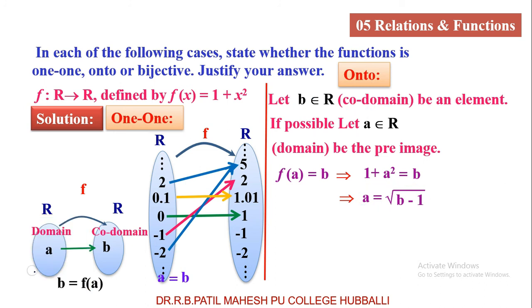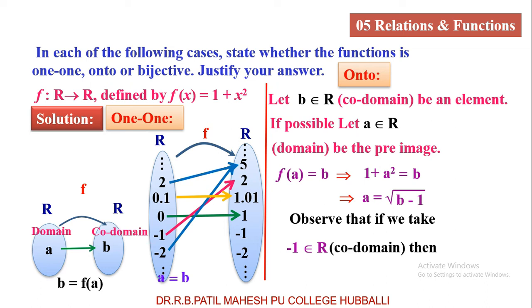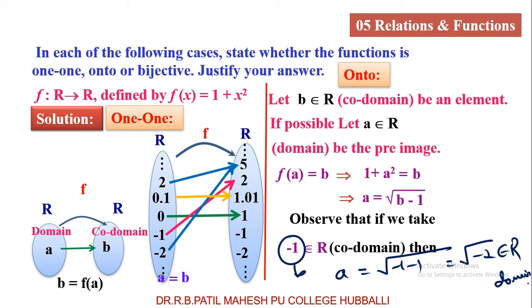So now if we observe that minus 1 belongs to R, that is in the codomain, I am taking this minus 1 as b. Let me check. a is equal to root of b minus 1, where b is minus 1, so root of minus 2. Is it going to be in the domain, students? The domain is also the set of real numbers.